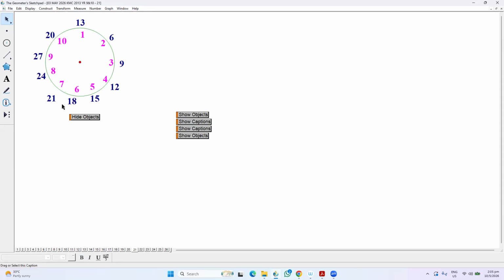Then we get 18, 21, 24, 27, 8, 9, 10. Then 9, 10, and 1 is 20. Then 10, 1, and 2 is 13. So of these 10 new numbers, the smallest is 6.